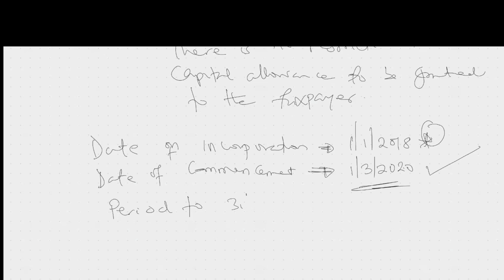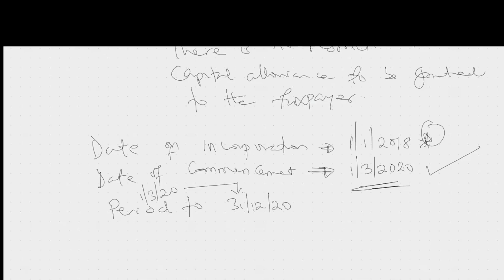So that means from the date this company commenced operation, 1/3/2020, to this date. Okay, that's what that means.